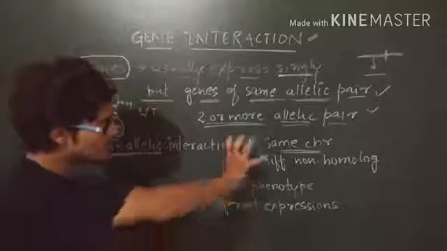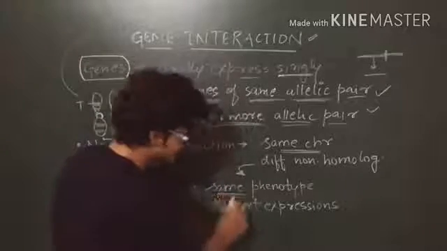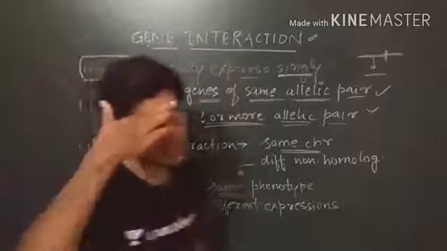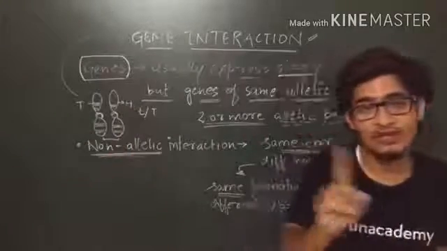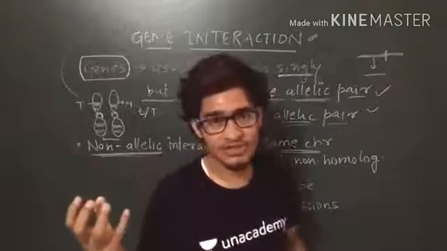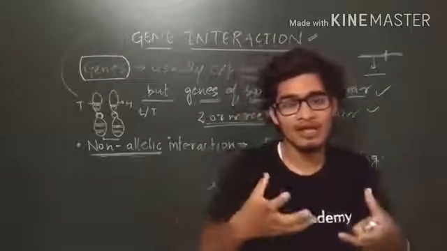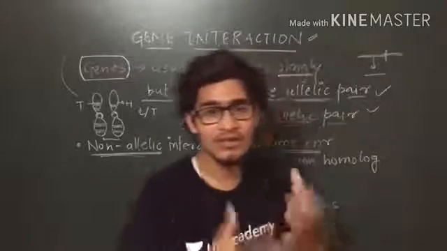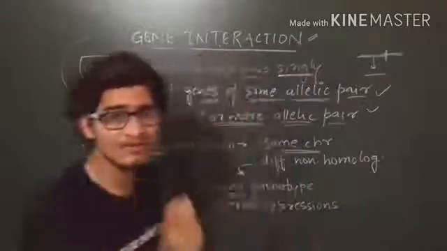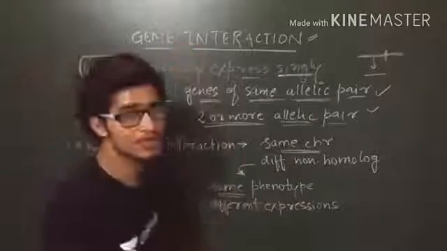So these genes which we are talking about will influence the same phenotype, but the expression of both of these genes is not same. Okay, the one gene will give some other expression and the second gene will be giving some other expression, and they will combine or they will influence the expression of each other and they will create a final product, and that final product will be from gene interaction process.